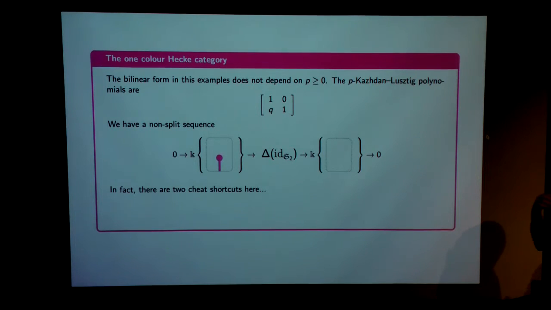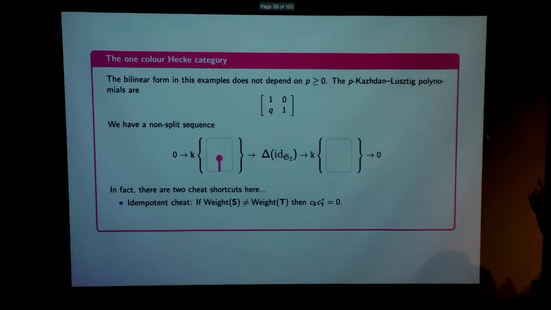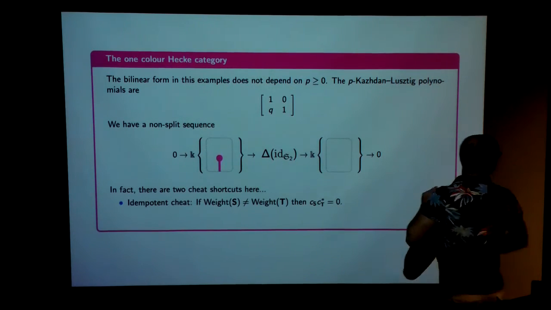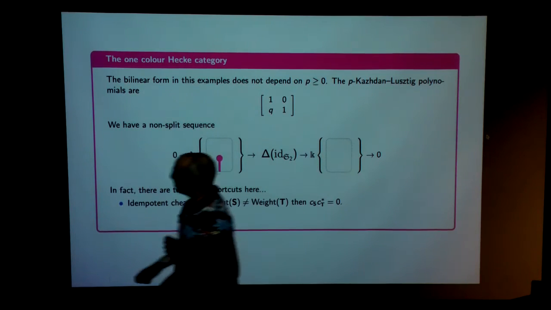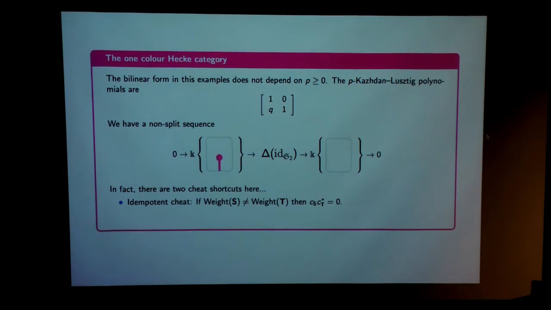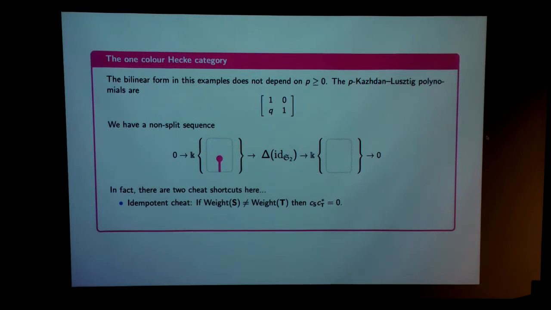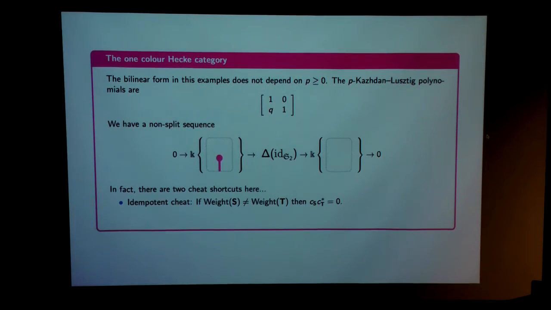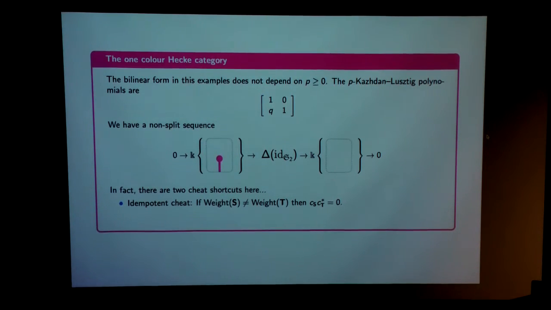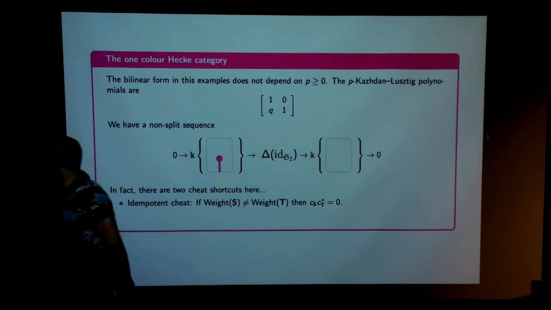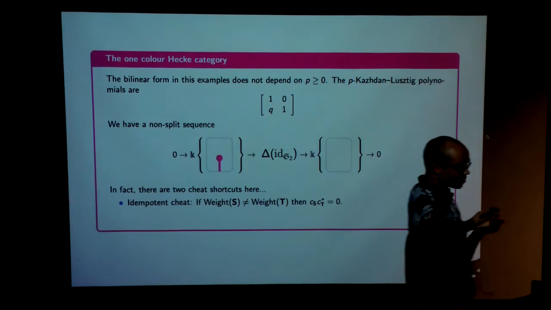And 2 lessons to learn. 1, it was really, really easy when we took a diagram like this, and put it on top of, sorry, you're not going to be able to see that, it's in the cheat sheet somewhere. If I take a diagram where the idempotent at the bottom and I take it with a product with something where the idempotent at the top are different, then the product was 0 because the diagram didn't make any sense.